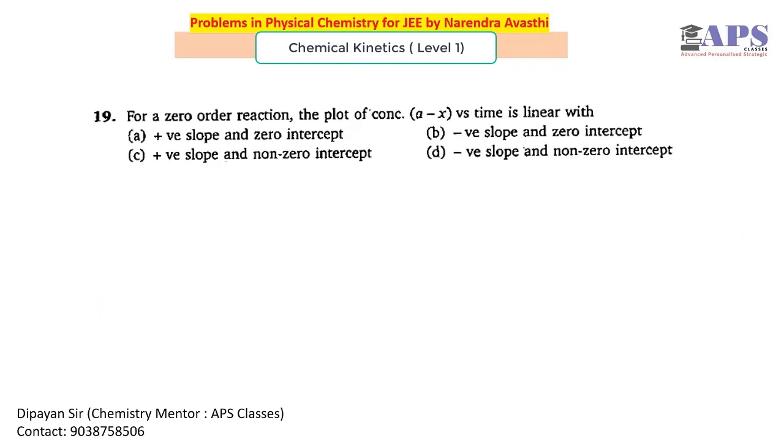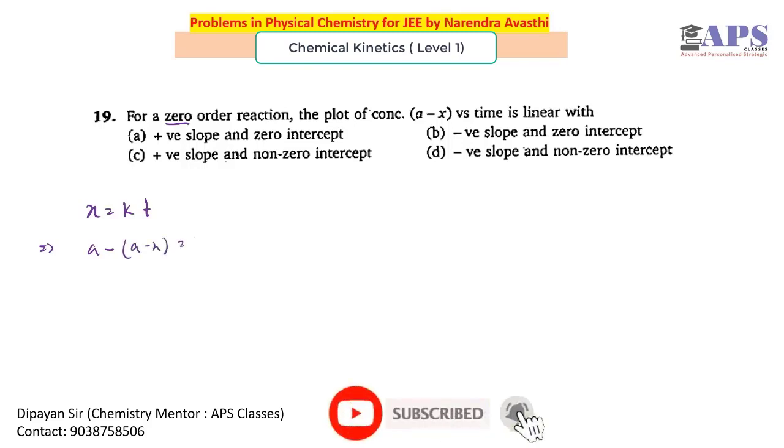In question number 19, we have to plot a zero order reaction. So for zero order reaction, x equal to kt. Now x can be written as a minus of a minus x equal to kt, where a is a constant.